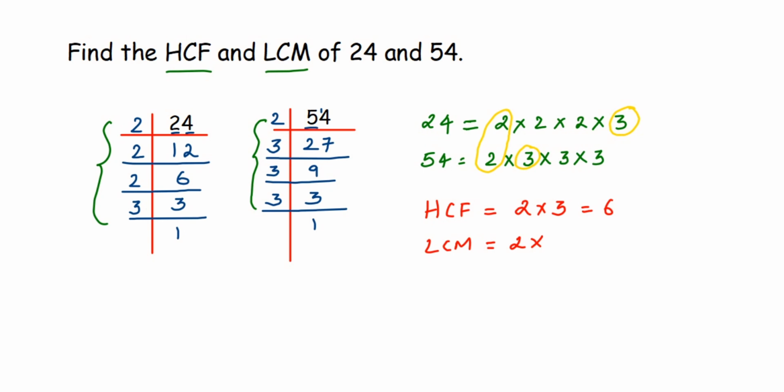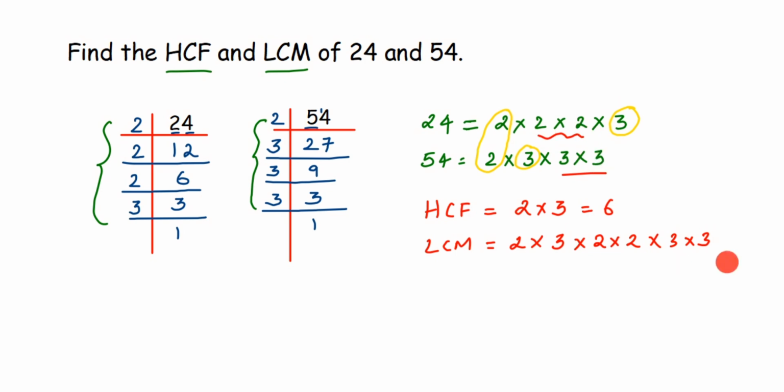We'll consider this 3 only one time, that is we write only one 3, not two 3s. And the remaining ones, that is here we have two 2s and here we have two 3s, are not paired up, which means there is no common factor in both. So I'll write them again, 2 times 2, and the left single ones we will multiply. So in LCM you take the common factor only once, and the ones which are not common you multiply along with it.